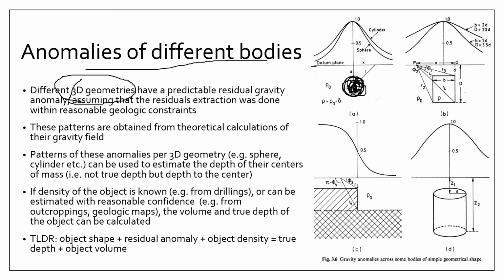If you have a residual anomaly profile, the expected pattern of the anomaly is like this. It's like a nipple pointing upward. Your x-axis here is the gravity units of the anomaly, and your y-axis is your distance.